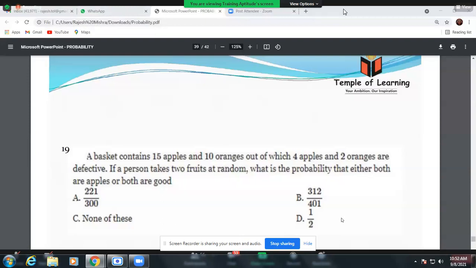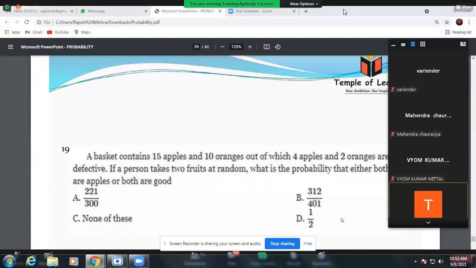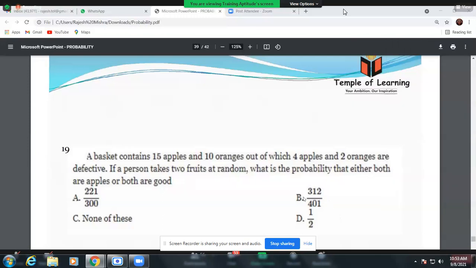A basket contains 15 apples and 10 oranges, out of which 4 apples and 2 oranges are defective. If a person takes 2 fruits at random, what is the probability that either both are apples or both are good?